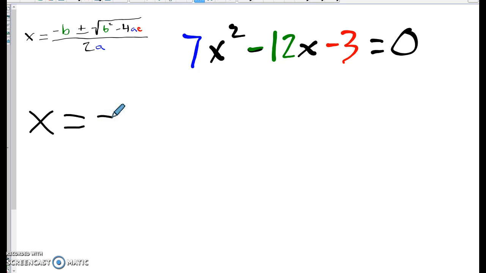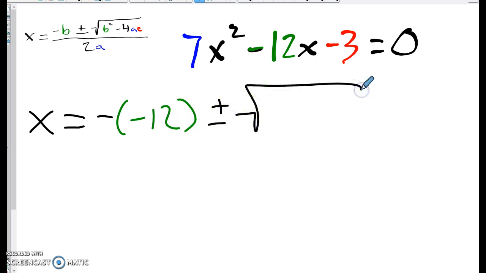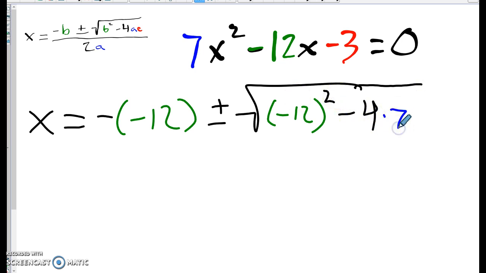it's negative b, and b in this case is negative 12, plus or minus the square root of b squared, and again, b is negative 12, and notice again, I'm plugging it in parentheses. It's the whole negative 12 is what b is, and negative 12 is the thing that has to be squared. Minus 4ac, a is 7, and c is negative 3.